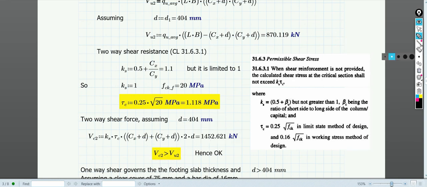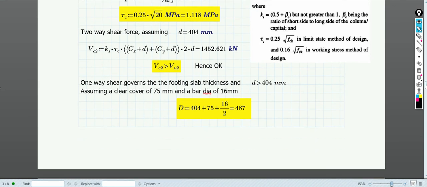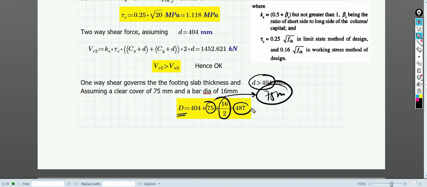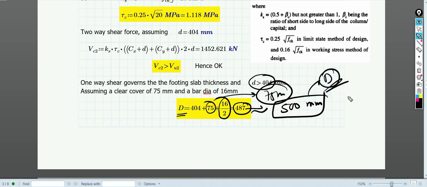So that means the assumption that we have considered for one-way shear is okay, right? So now we will consider that d should be greater than 404, and assuming 75 mm clear cover for footing, remember, and assuming 16 mm bar, d can be taken as 487. So let us assume that the overall depth of the footing is 500 mm. So this is how we go for finding out the depth of the footing.